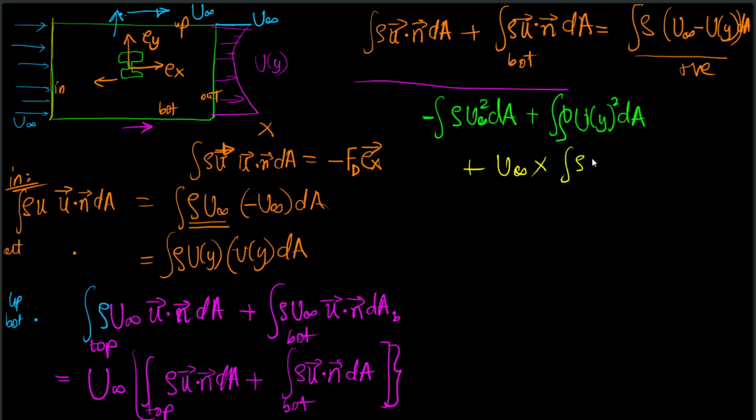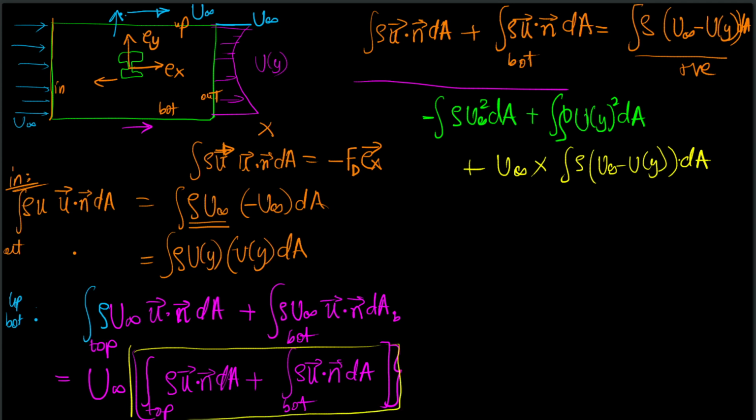It will be rho u infinity times u infinity minus u(y) dA. I have substituted the fact that this entire term is the same as this entire term, which is equal to this term, and this will be equal to minus Fd. I have dropped the x subscript because we are writing down the momentum balance in the x direction, and hence it will be only Fd.